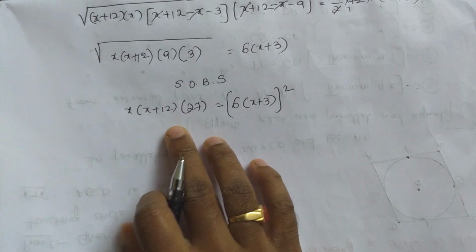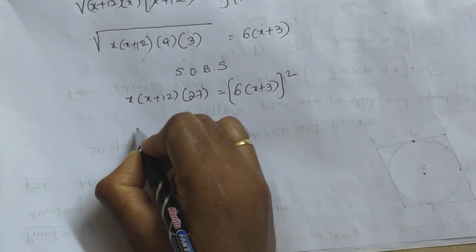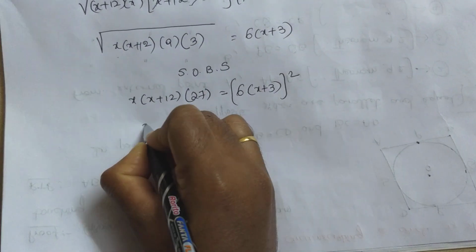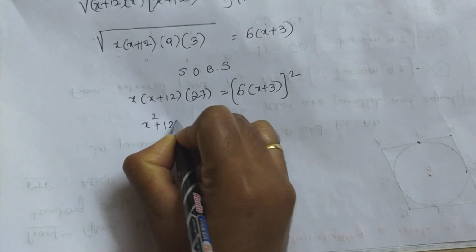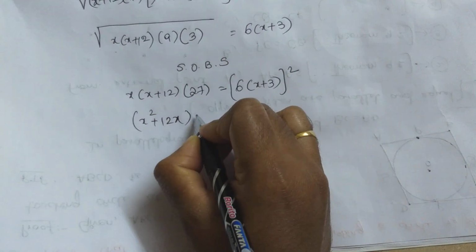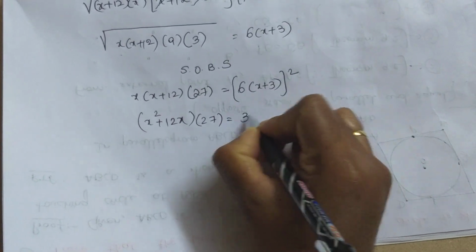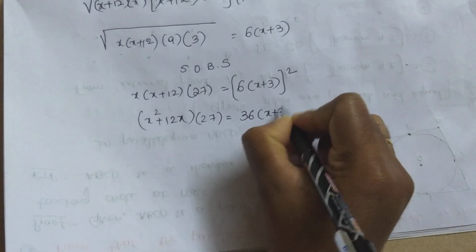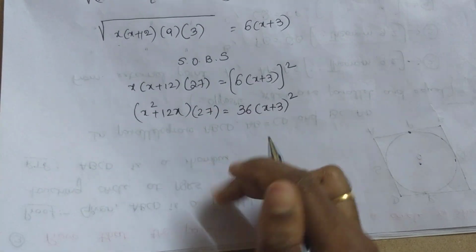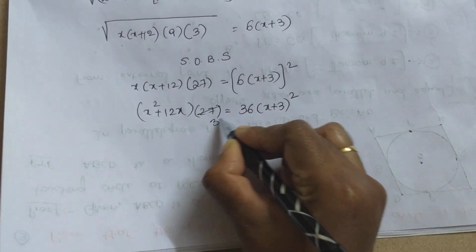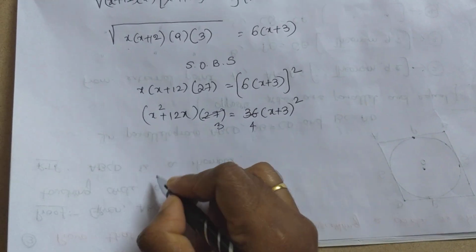So next, another simplification part. What does it become? x into x, it becomes x square plus 12x, into 27, equals 6 square, it is 36 into x plus 3 whole square. When you see here, 9 threes are 27, 9 fours are 36.